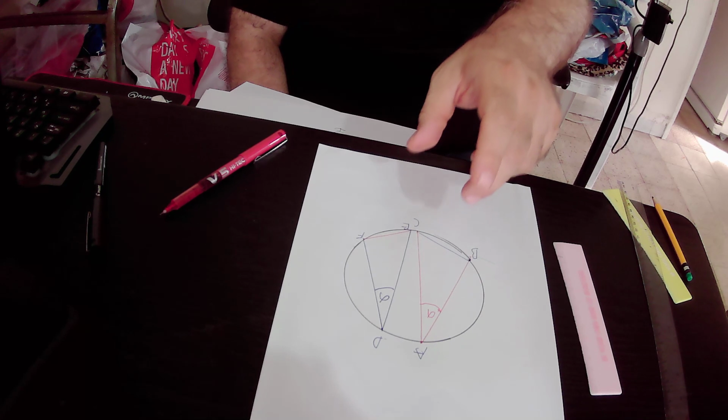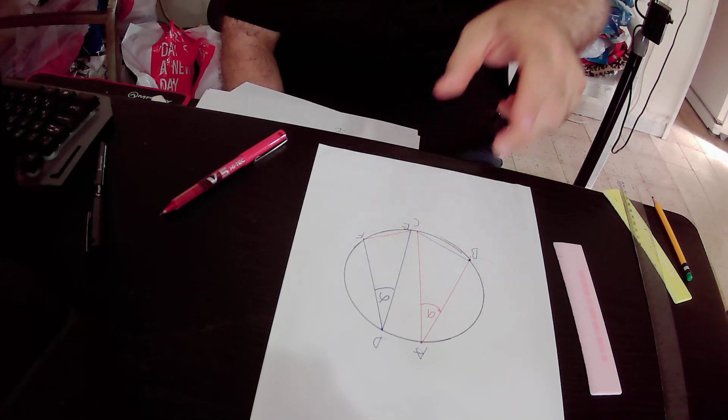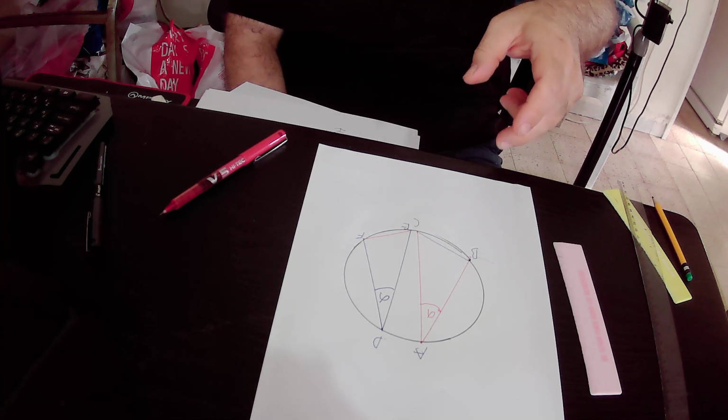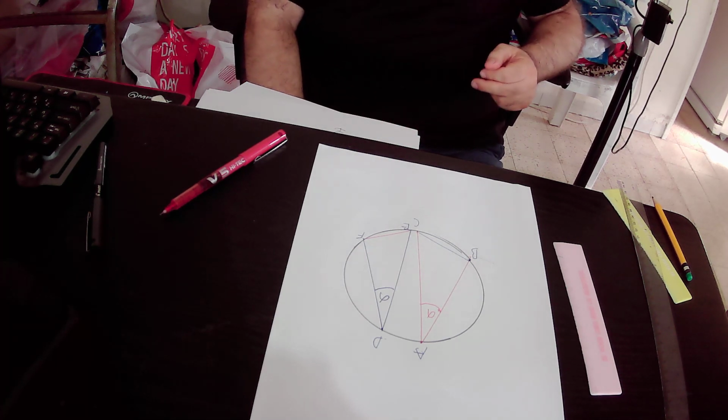Those two peripheral angles are equal to each other, both of them equal to alpha, so they also rest on equal chords. That is to say, BC equals EF. Okay?